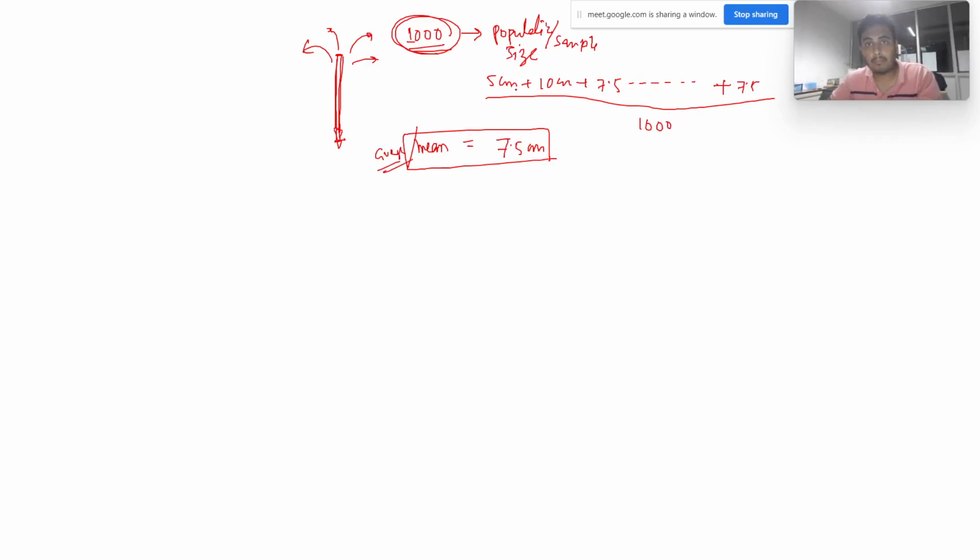Now, pencil measurement is a quantitative measure. That's why you can add up, but product features may not always be quantitative. For example, your need can be qualitative in nature.